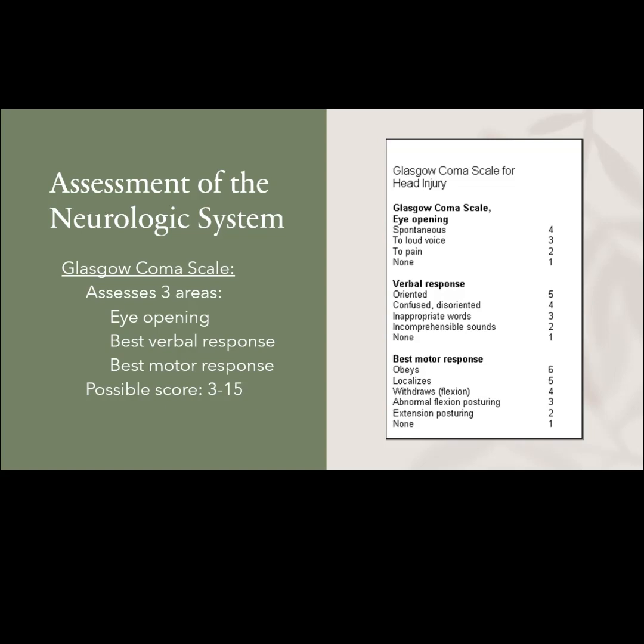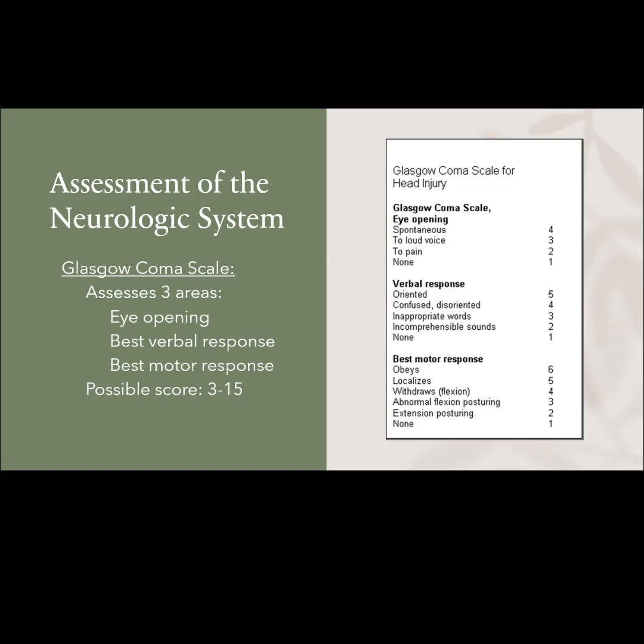So just a definition of what the Glasgow Coma Scale is: basically it is just a simple tool that is used to measure the degree of consciousness impairment in a patient. Many hospitals do use the Glasgow Coma Scale in order to assess level of consciousness and then also to document their findings.